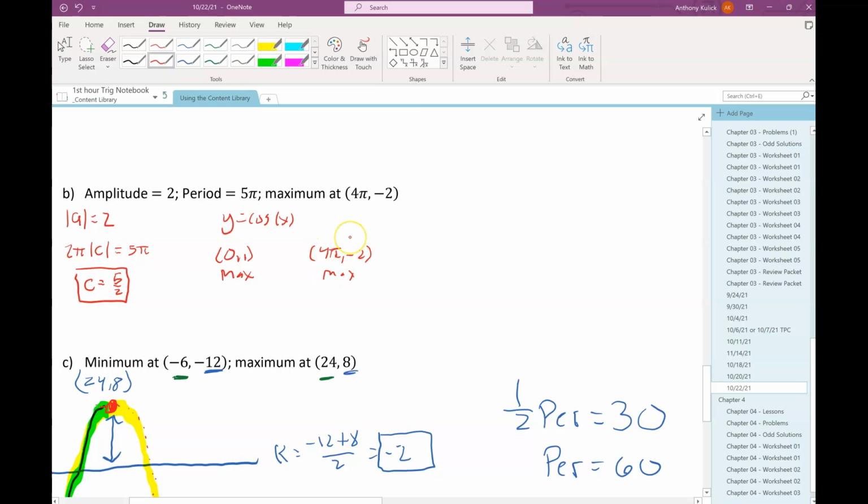And we're told that's a maximum. Since both of these are maximums, what can I say about A? Positive. Very good. Since the x-coordinate in our parent function is 0, what can I say about H? Nope. That it's the x-coordinate from the transform point. So it's 4 pi.